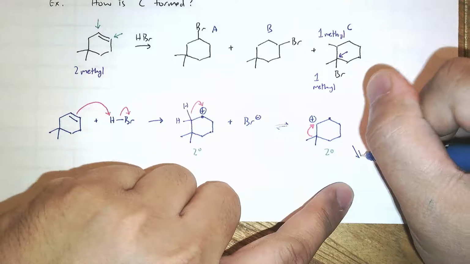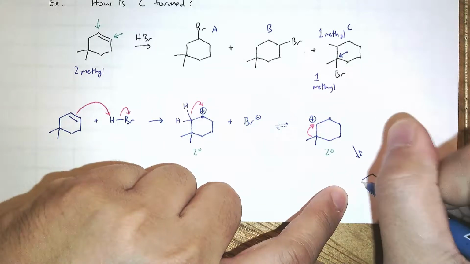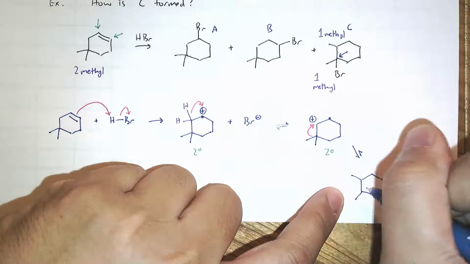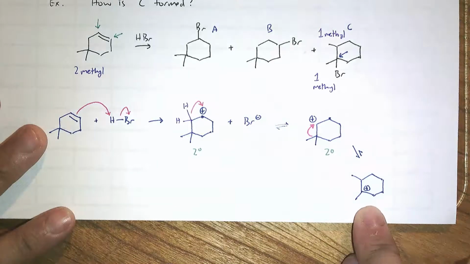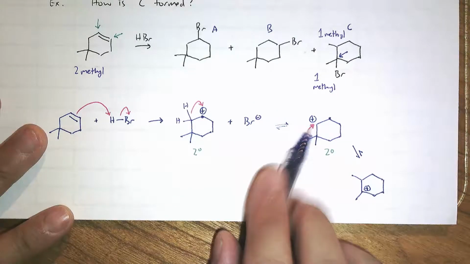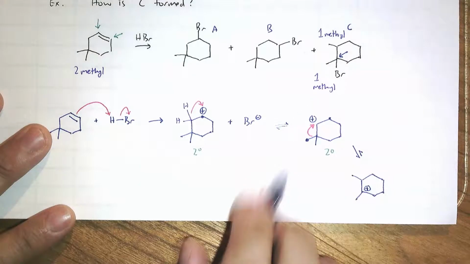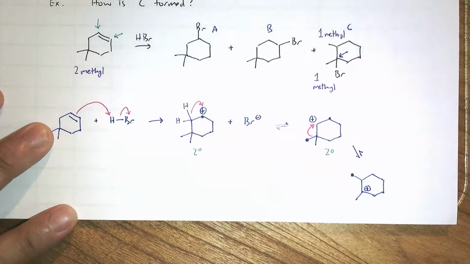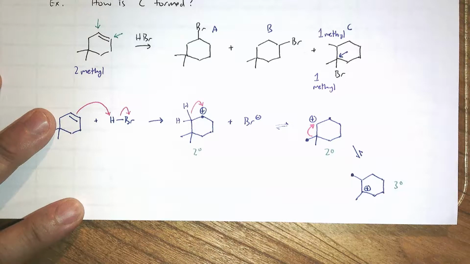And now this one, the equilibrium arrow is now favoring the product because now it's tertiary. So yeah, I just shifted that methyl group. So let me put a dot here. So that's the methyl group with a dot. I shifted it over, and now the methyl group is over there. So this is good because we went from a secondary to a tertiary.